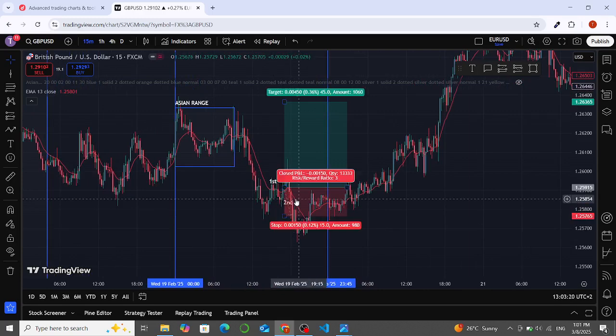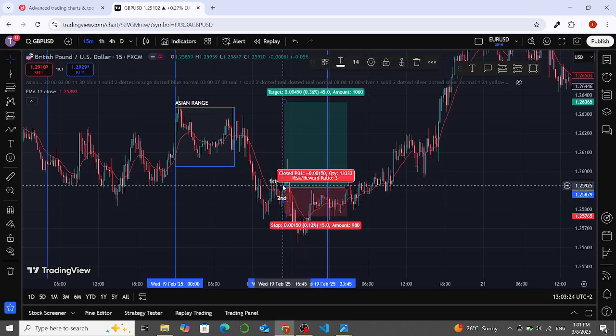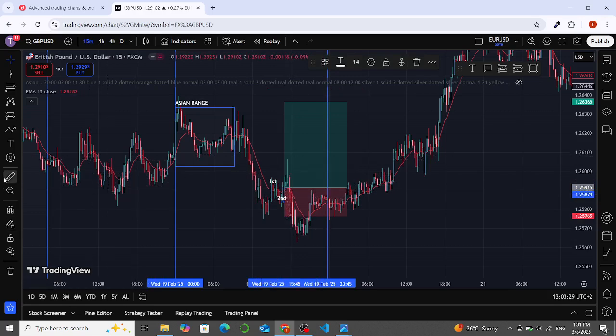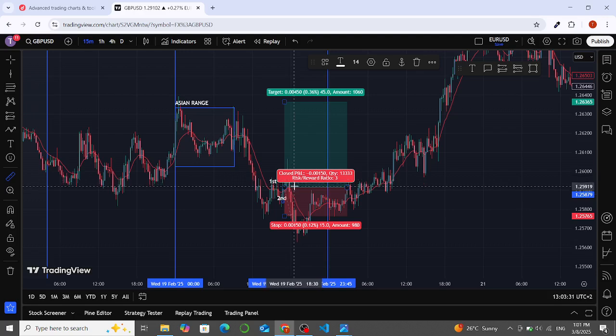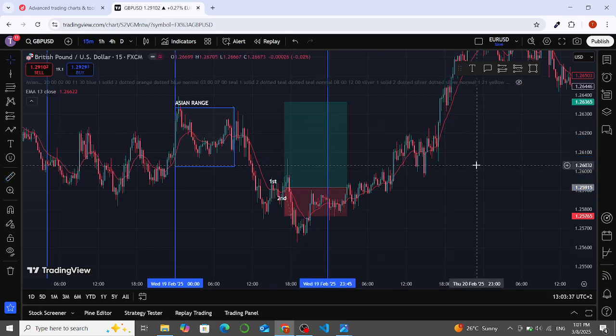Okay, so this was my second leg. When I took the trade, there you go, it moved like 15 pips or so, and then it retraced.